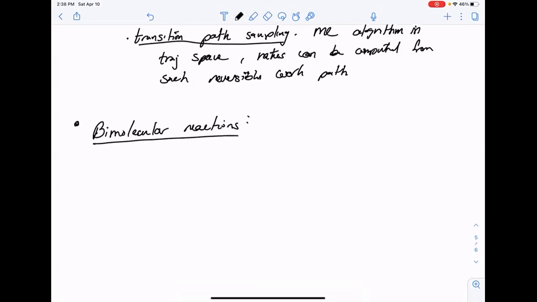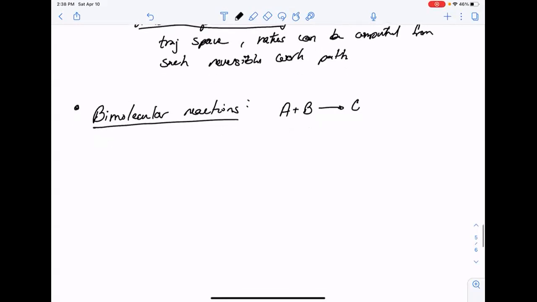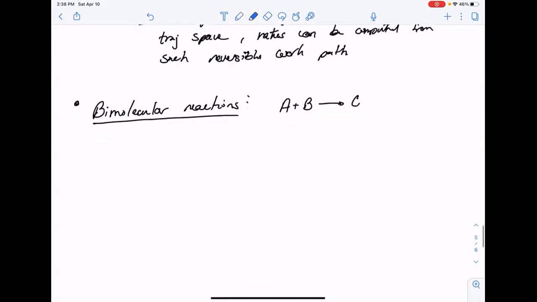So rather than A going to B, we're envisioning that A plus B goes to some C. We will consider this sort of process happening in solution so that these two molecules, A and B, first have to diffuse around the solution, find each other, and then react to get to C.